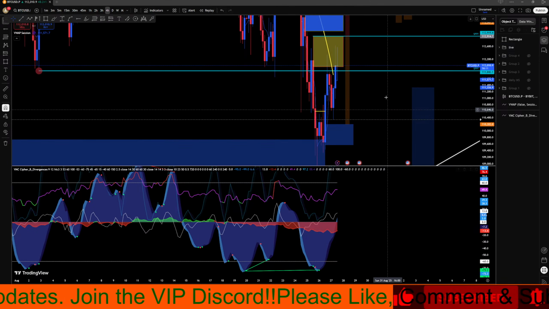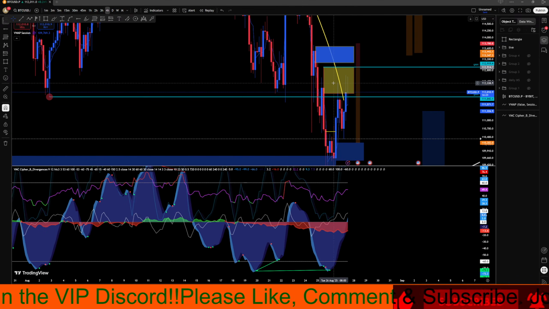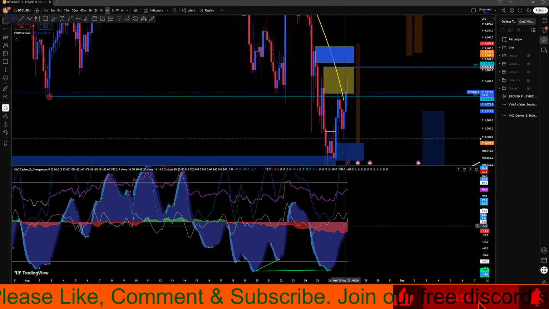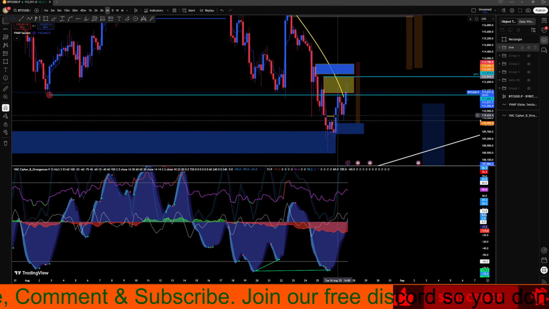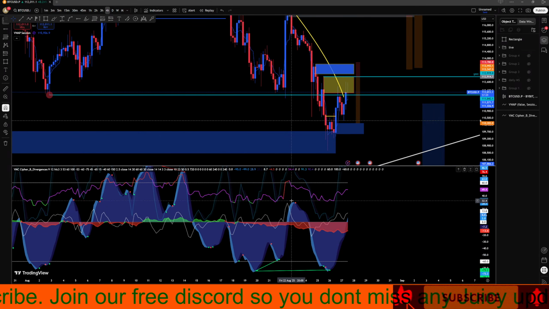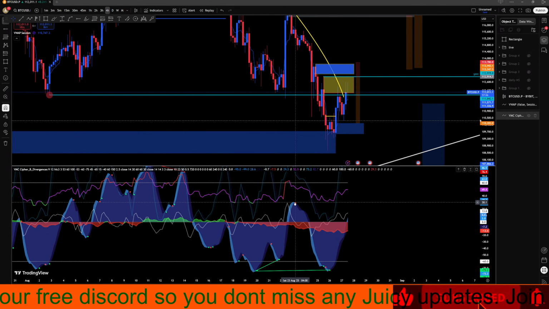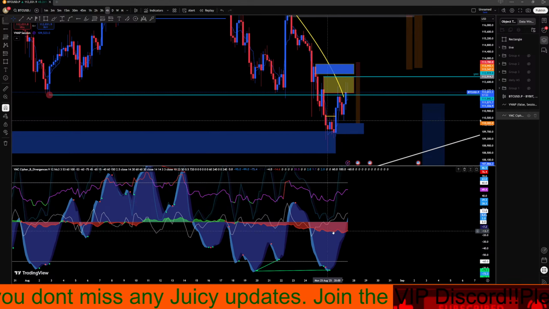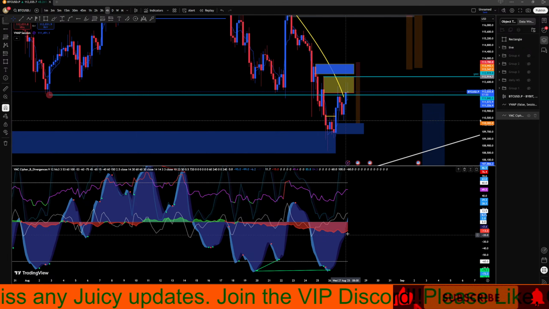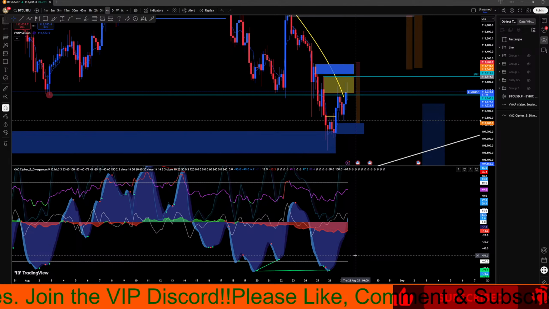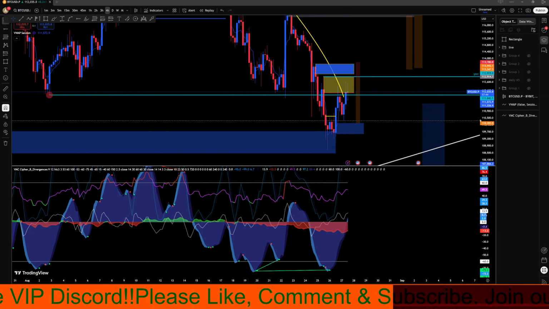What we could probably see is that maybe if we come up and try to break above and the momentum goes higher than this, then we could have a hidden bearish divergence because the money flow is actually still coming out. It's starting to curl up, so we just have to wait and see what happens.